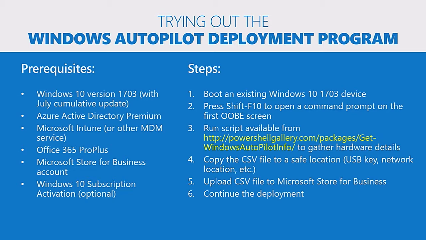So then the question becomes, well, how do I get the hardware IDs from any existing machines to try this out with? The easiest way of doing that is to boot up a device running Windows 10 1703. Maybe that's a virtual machine. It's fine. So you boot it up. In the initial OOBE screen where you choose the locale, say United States or Sweden or whatever, on that screen you can press Shift F10.